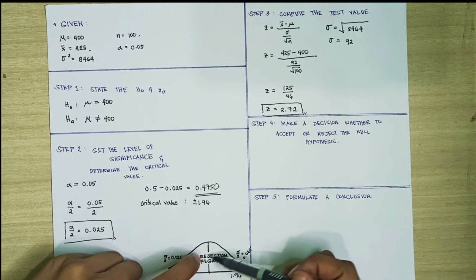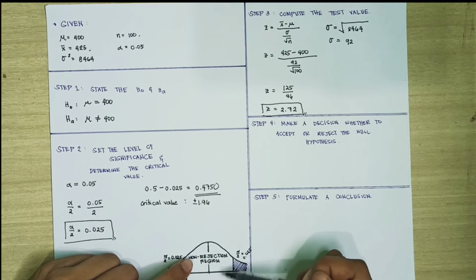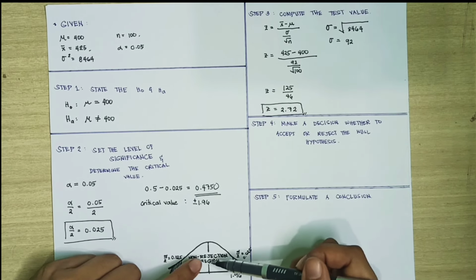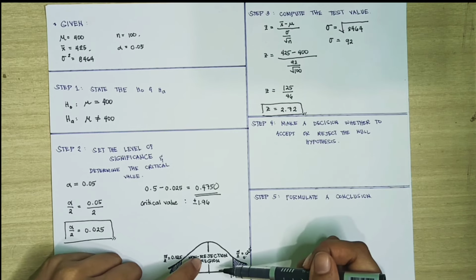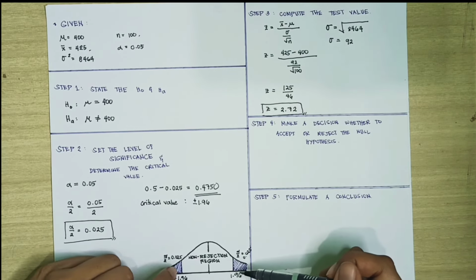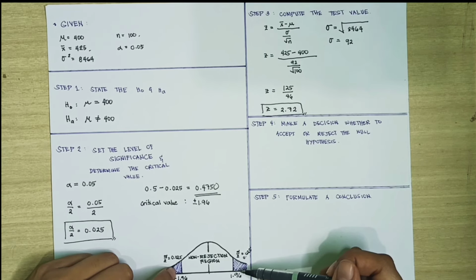Pero kung sakaling dito, sa non-rejection region, nag-fall ang inyong test value, ibig sabihin, you need to accept the null hypothesis. Okay, so again, kapag dito nag-fall, accept the null, reject the alternative. Kapag dito nag-fall sa rejection region, reject the null, accept the alternative.